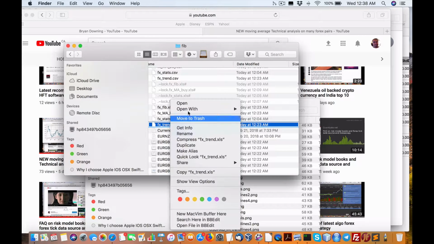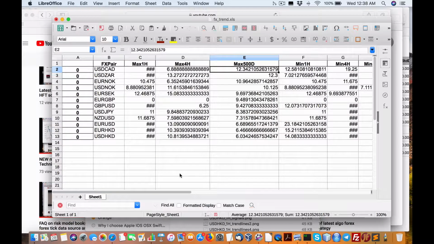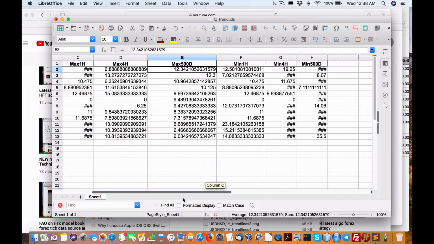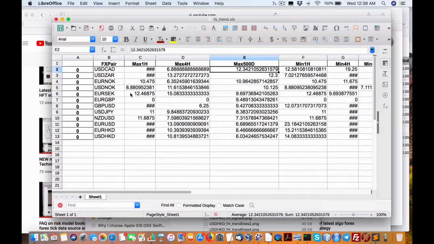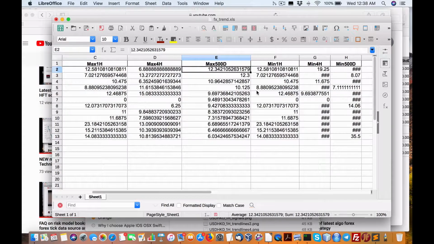First, let me show you the easy one, trend. I use LibreOffice, which will load up the data frame. What I have shown in those four videos are the views: hourly, the 4 hour, and basically the daily view of the last 500 data points.